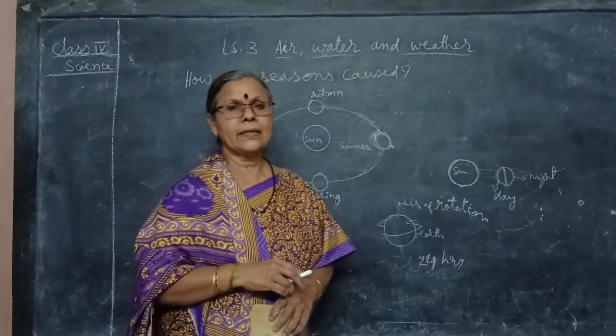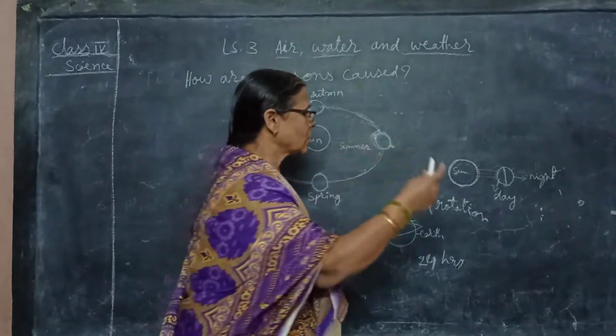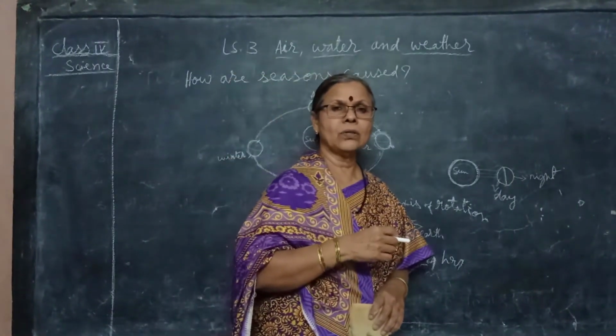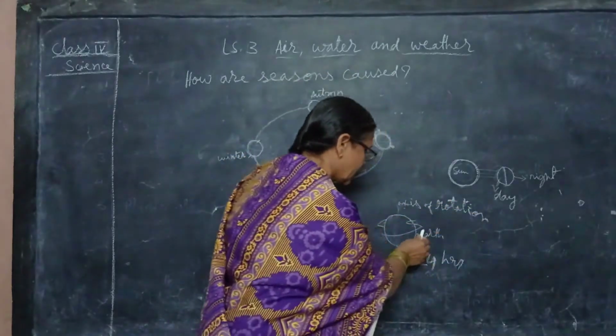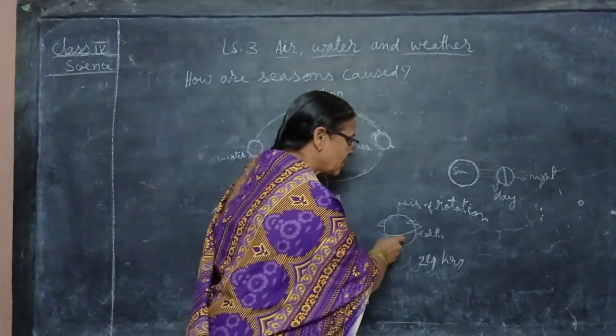So how are the day and night caused? The day and night are caused because of the spinning movement of the earth around itself. This is the spinning movement, means it's rotating around itself only, and it takes 24 hours.